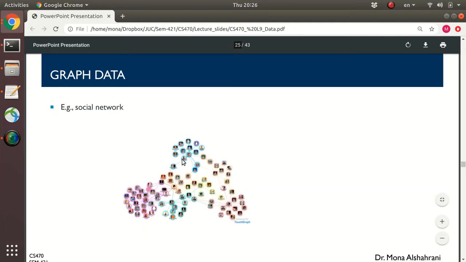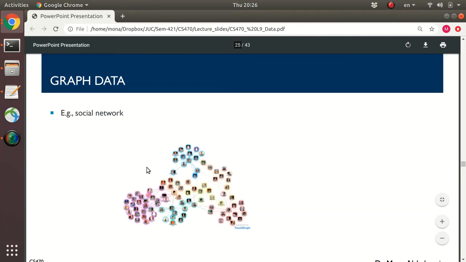In Facebook, the nodes are, for example, the Facebook users, and each user has a number of friends, and they are connected with each other. Friends are connected to other friends, and a network can be formed out of that. Similarly for Twitter, Instagram, or other social networks.